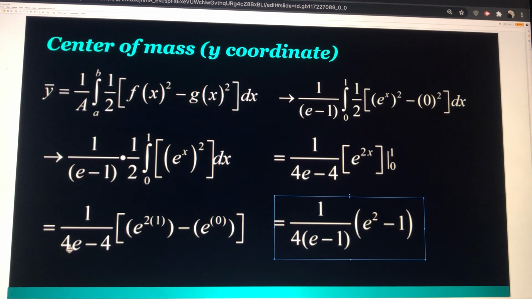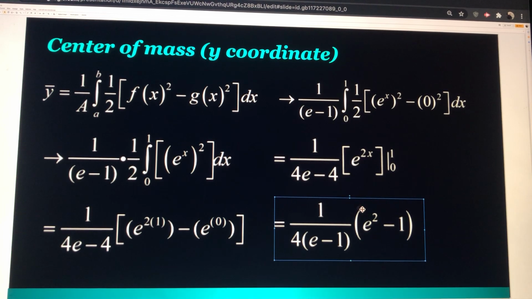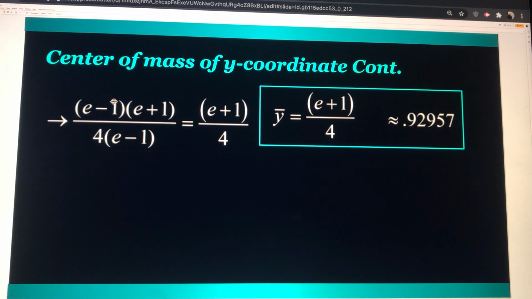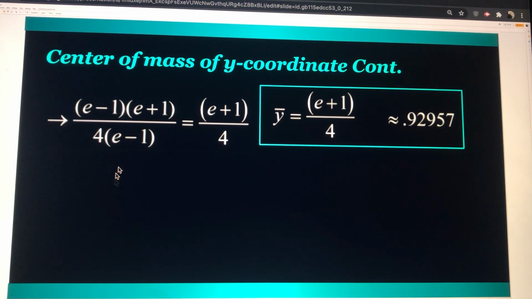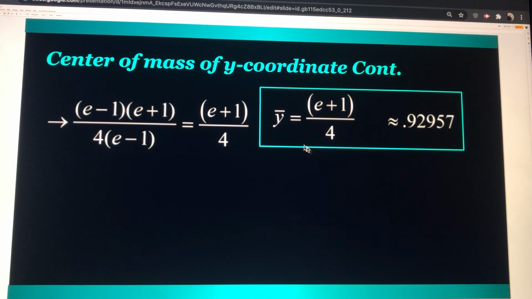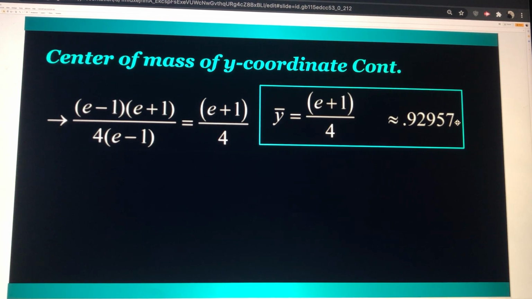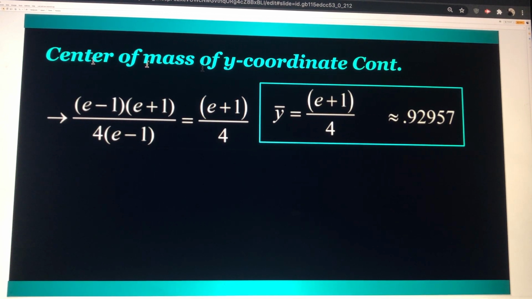And right here, we factored out the 4, so we have an e minus 1 right here. As you see in this next slide, these cancel out. So we're going to get e plus 1 over 4. So y bar equals e plus 1 over 4. This is going to approximately equal 0.92957, and this is the y coordinate.